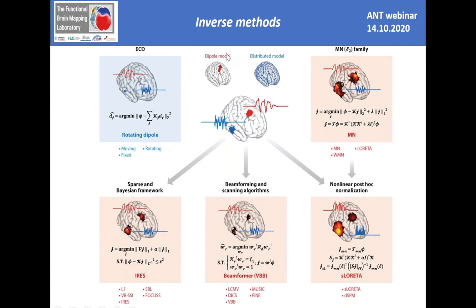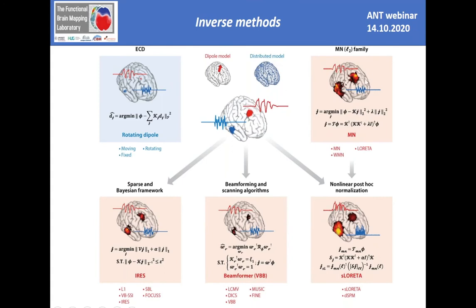Somehow the disadvantage is that you have to set a priori how many dipoles there are in the brain, right? And if you don't guess this number, or if you don't have this information ready, and if you're not sure how many dipoles are in your study or at the time where you want to look or localize your data, then probably distributed source models would be more appropriate, right?